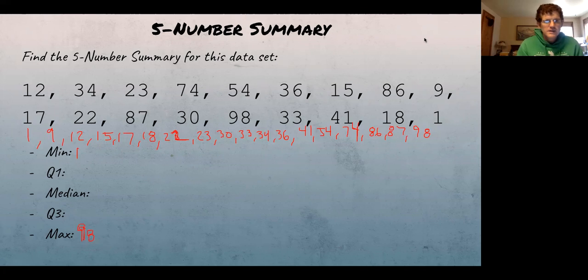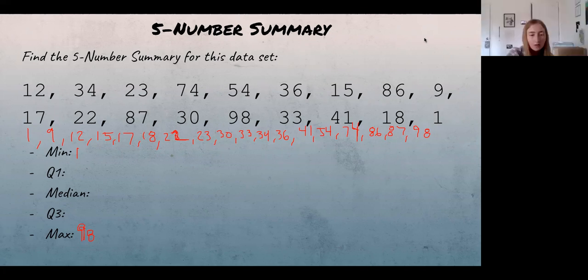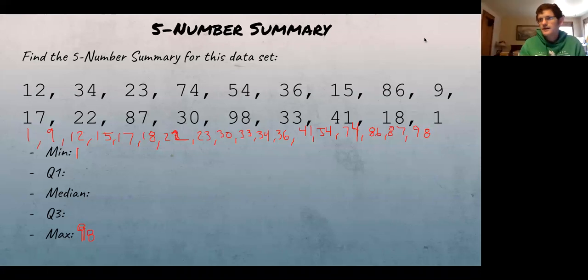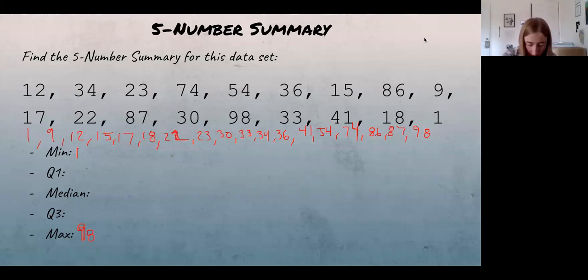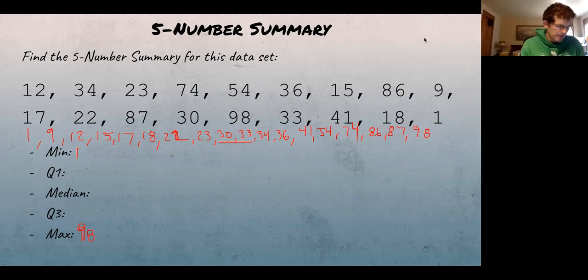Okay, so the median, what number did you guys get? 31.5. And how do we get 31.5? Because the 30 and the 33 were both left in the middle, so I just took the average of those. Perfect. We add those up, we get 63 divided by 2. There it is, 31.5.